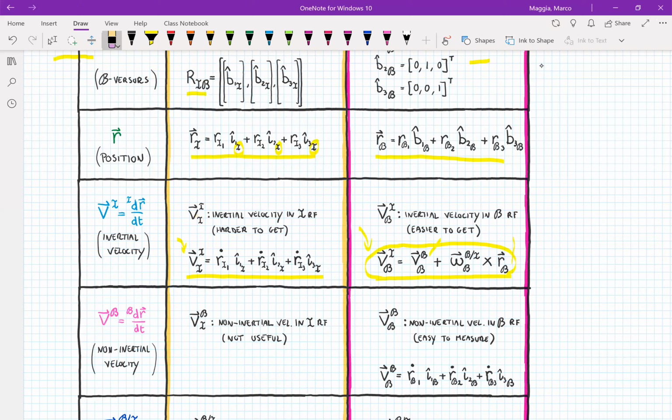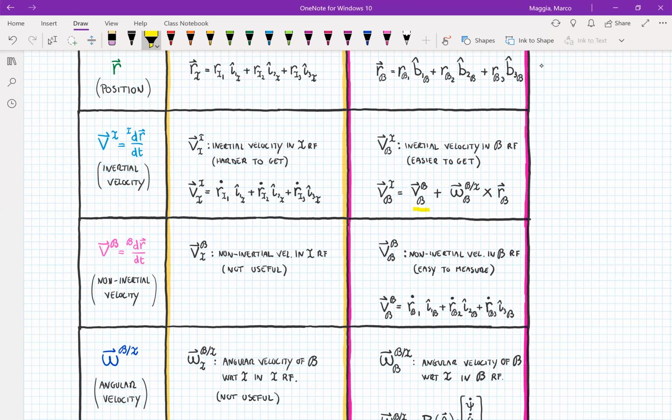Okay. Now, what about the non-inertial velocity? Well, we've already seen it over here, but what is that expression? Well, that is just the time derivative of the three components in the, oh, I just spotted an error. This should be B. There you go.